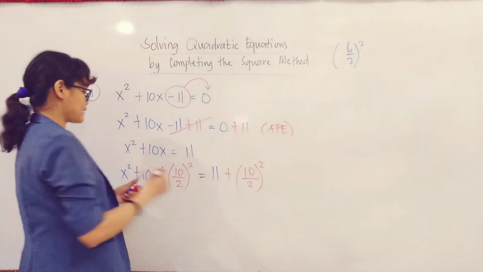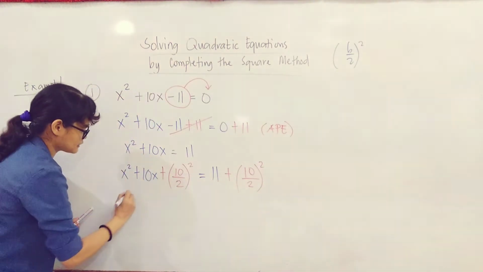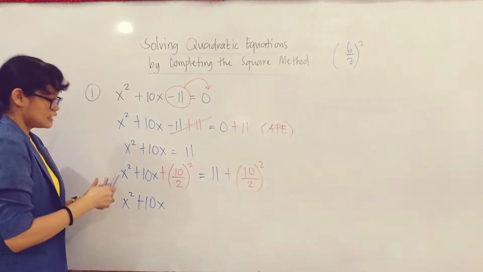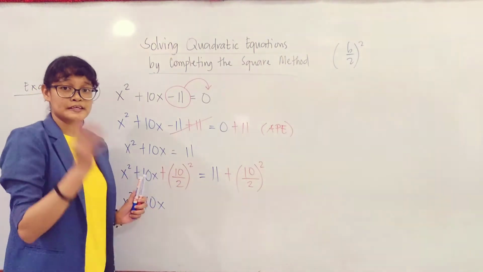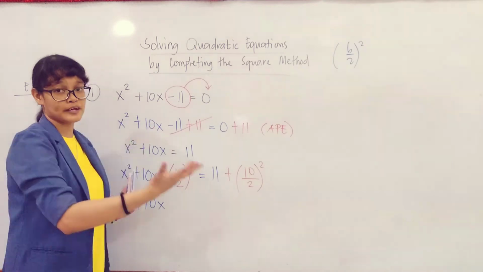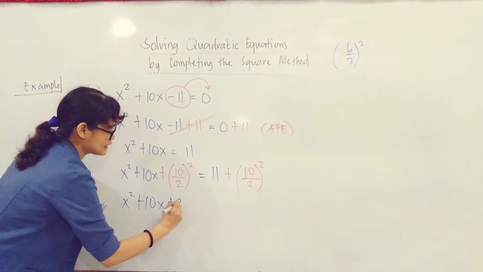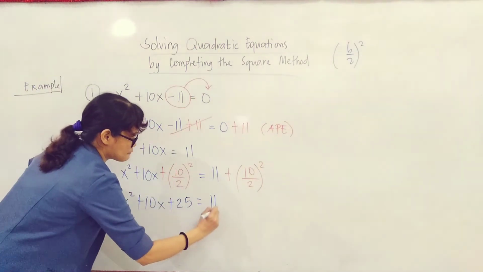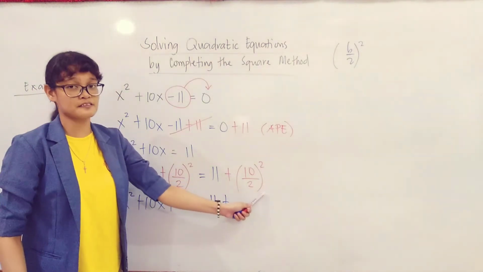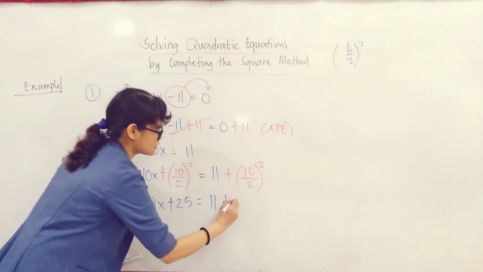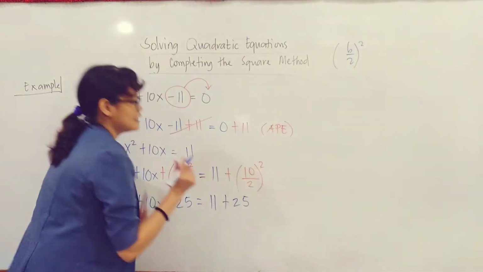Alright, next, simplify. We have x squared plus 10x plus 10 divided by 2 is 5, and 5 squared is equal to 25, equal to 11 plus, of course, this will have the same answer. So this is plus 25.